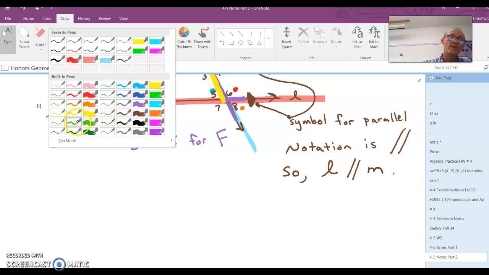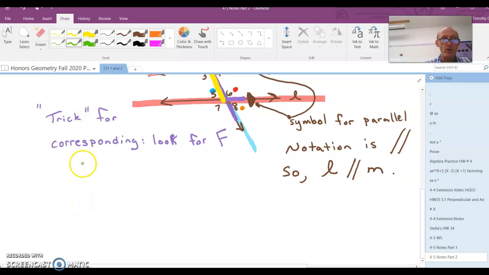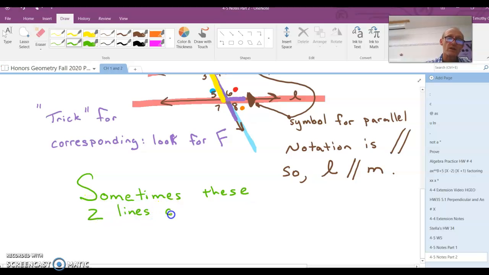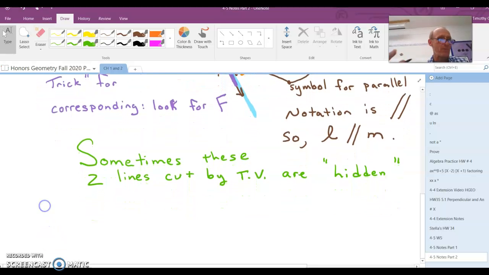But really, before we get to those, we have to know that sometimes, and oftentimes really, these two lines cut by a transversal are hidden. Okay, so you must find them.